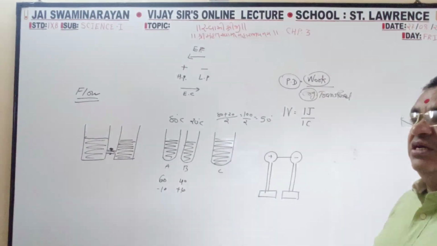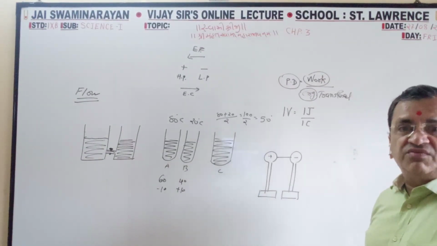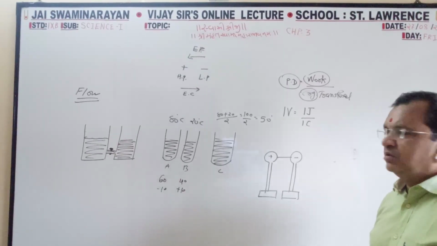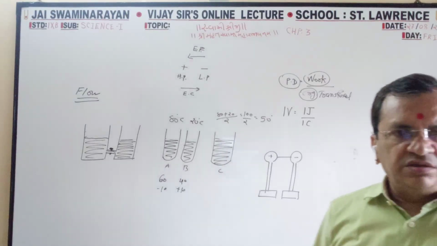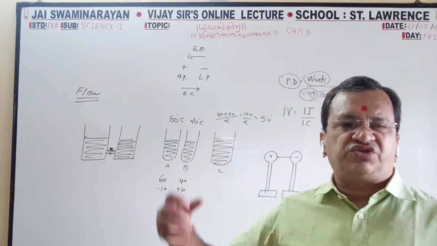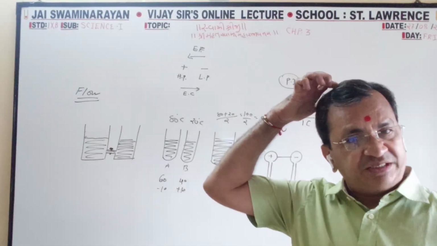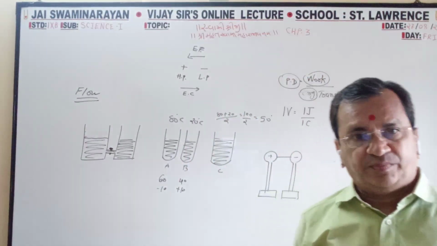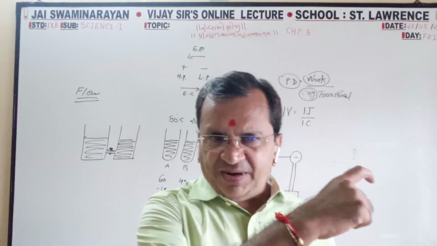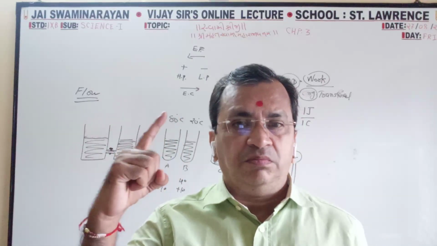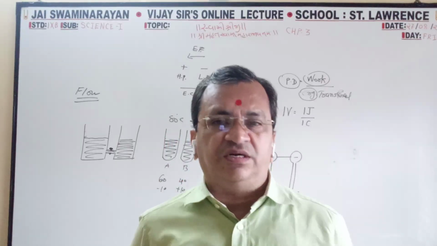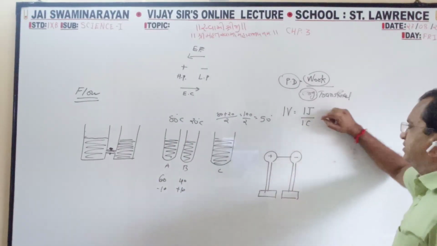So potential difference is in volt, work done is in joule, and charge transfer, electron transfer, is in coulomb. When by passing 1 coulomb of charge, 1 joule of work is done, at that time we can say 1 volt.